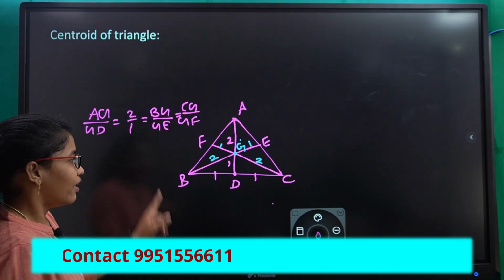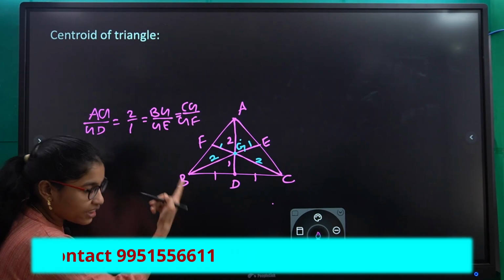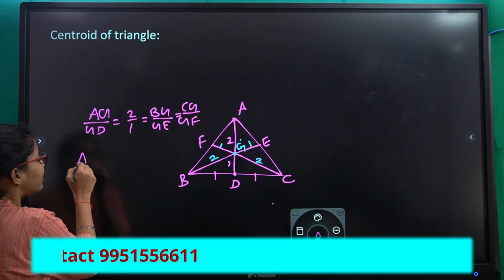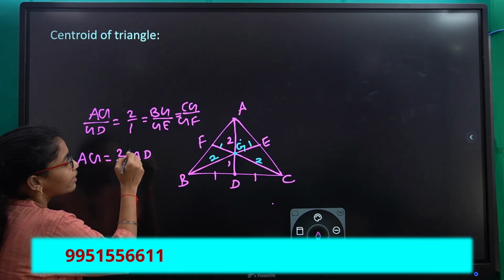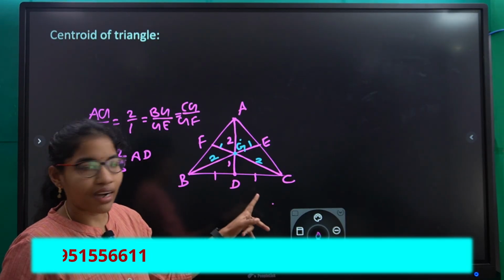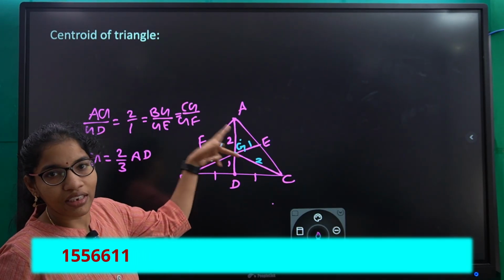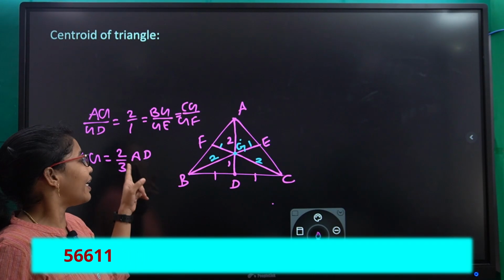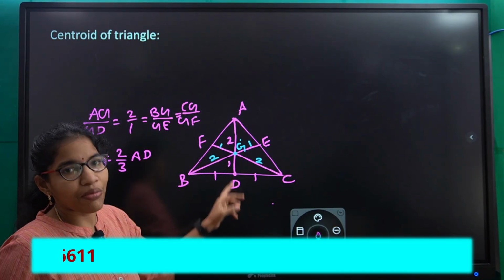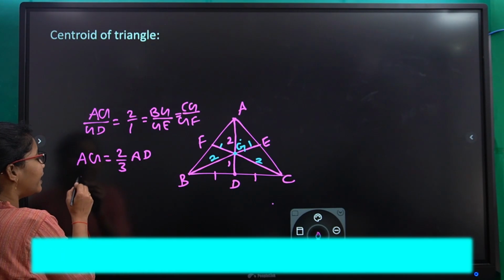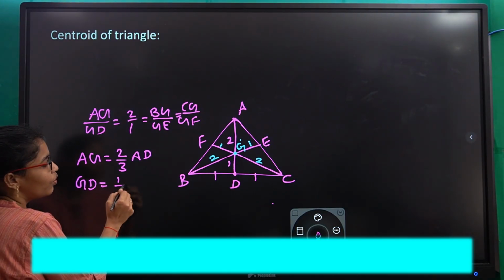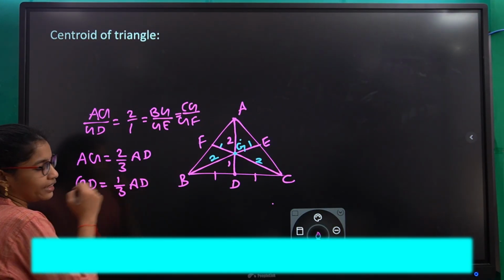Clear? Right. And how can I write AZ in terms of AD? AZ is 2/3 of AD, right? If you take AD as three parts, AZ is 2 parts among these three parts. And ZD equals 1/3 of AD.